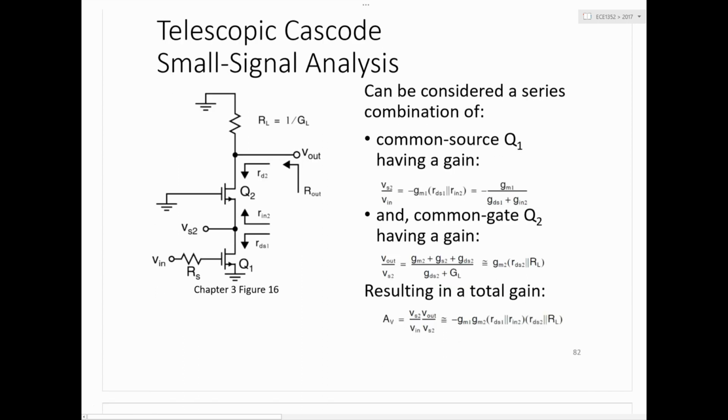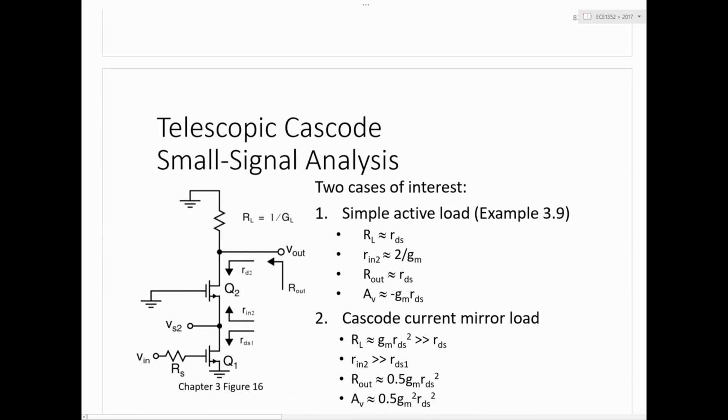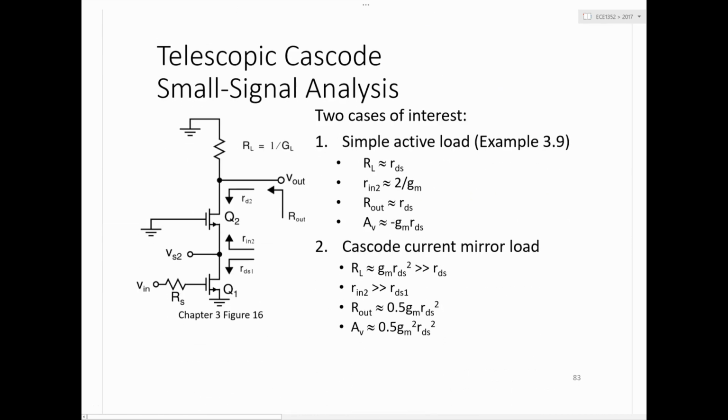This is just gain analysis, small signal analysis of the cascode. But here I want to spend a bit of time to consider the two primary cases. Case 1 on this slide is where we load the cascode stage with a single PMOS transistor biased in active mode.